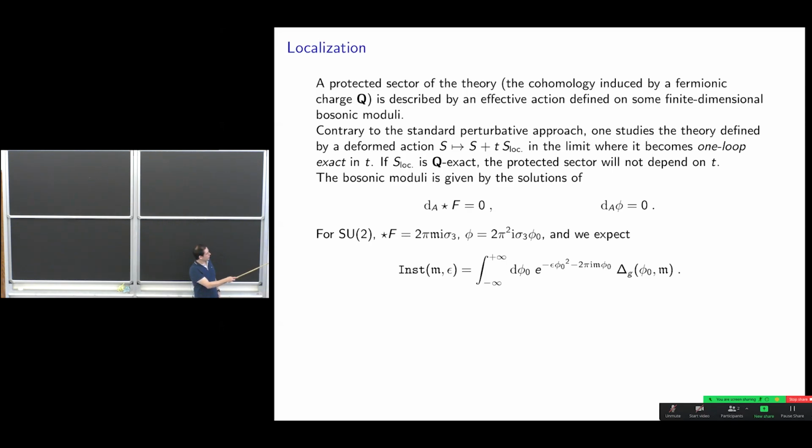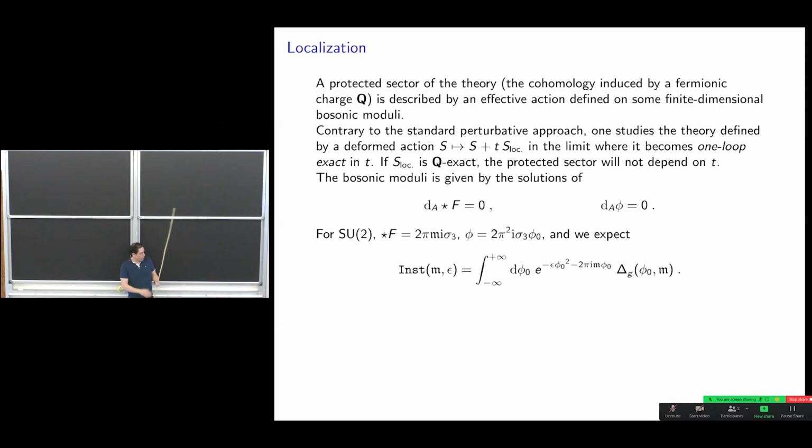So if we lock the value of m, so we look at a single instanton, the contribution should be given by an integral over this constant mode for phi, where we have e to the minus the bosonic part of the action, of the supersymmetric BF action, evaluated on this bosonic moduli. And then we have the hard part, which is the so-called one-loop determinant, which captures quadratic fluctuations about this saddle.